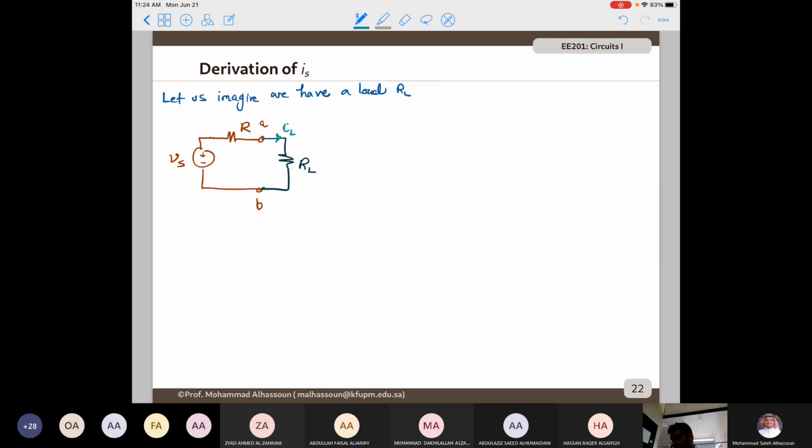So what is IL here? This is simple Ohm's law. IL will be Vs divided by R plus RL. So this is the current.